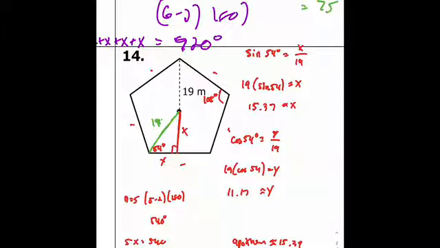So the full side length will be approximately 22.34. All right, so this side is going to be 22.34, since y is 11.17, and these are the same, so this must also be 11.17.